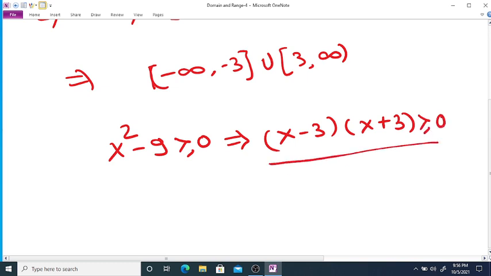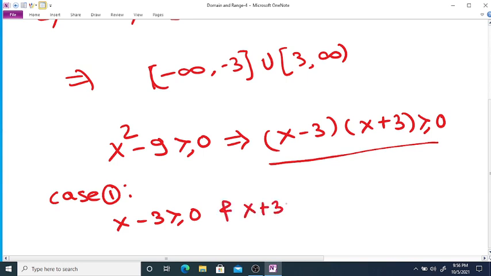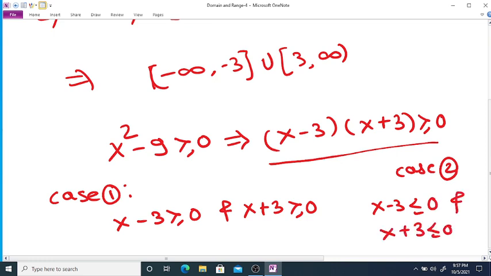Now this product is greater than or equal to 0, so there are two cases. Case 1: x − 3 ≥ 0 and x + 3 ≥ 0, or case 2: x − 3 ≤ 0 and x + 3 ≤ 0.